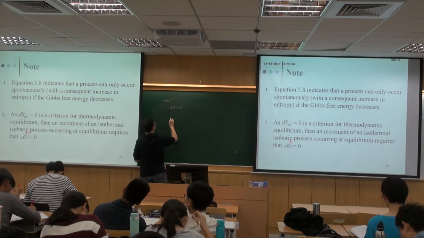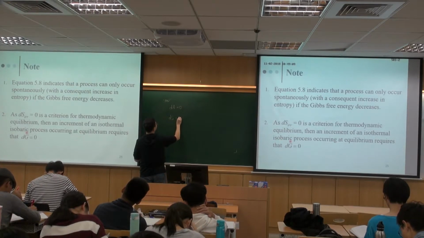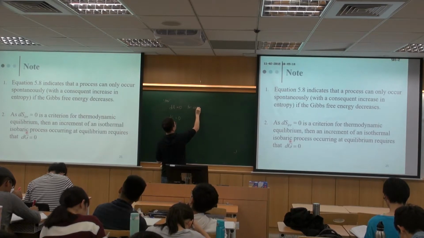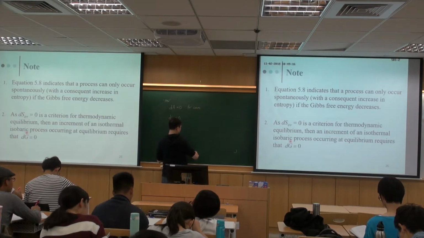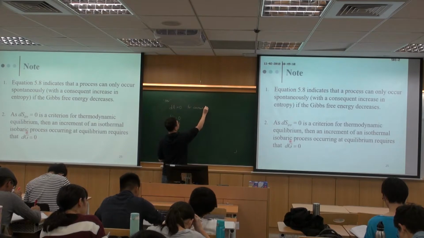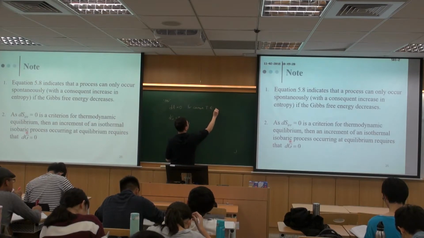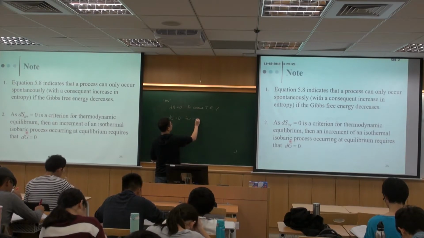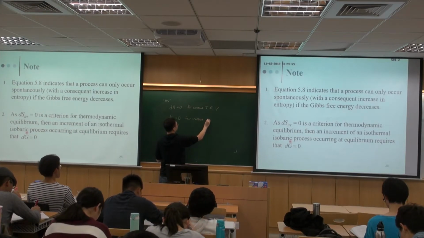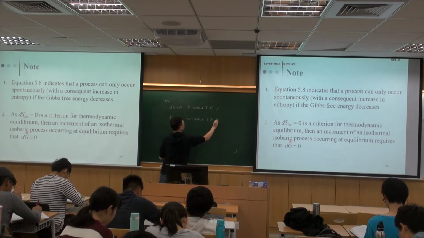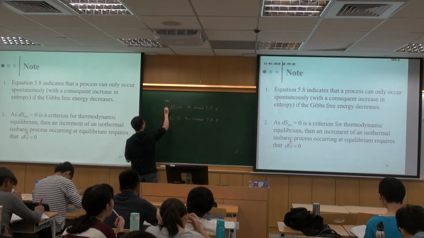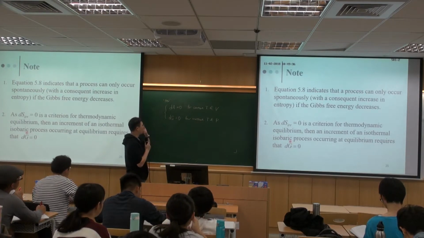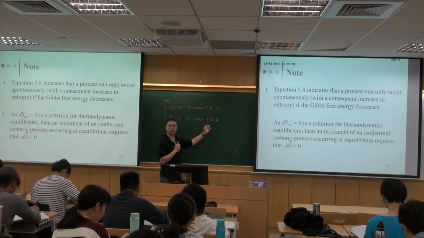We know dA is 0 for constant T and V, and dG is 0 for constant T and P. So we need to clarify what kind of process you're going through.